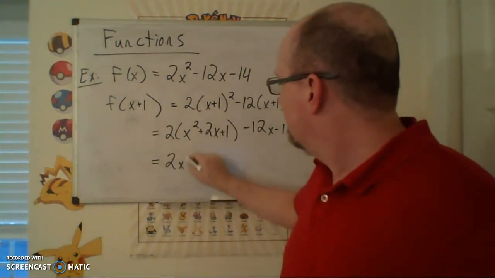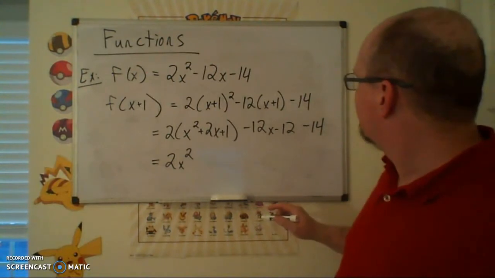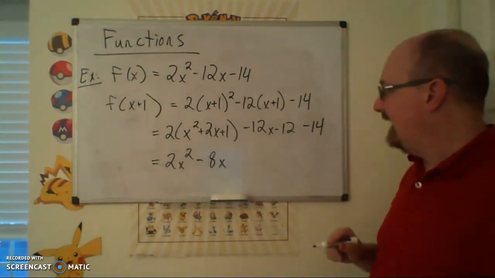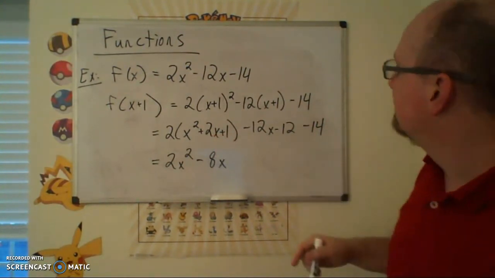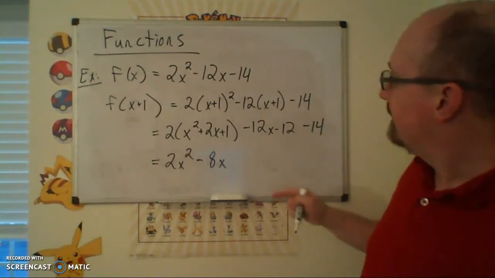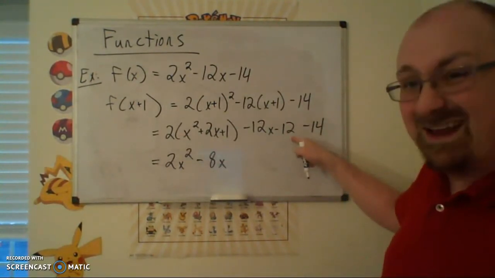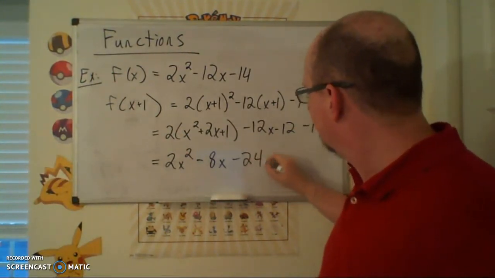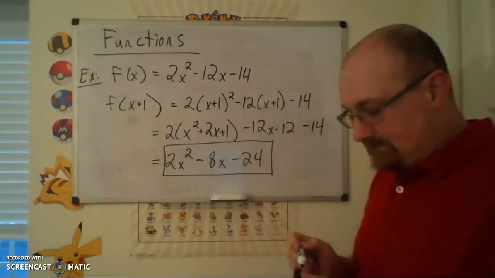So when it's all said and done, we get 2x squared, minus 8x, because this gives us a plus 4x, minus this 12x right here. So minus 8x, then we have plus 2, minus 12 would give me negative 10, minus 14, negative 24.